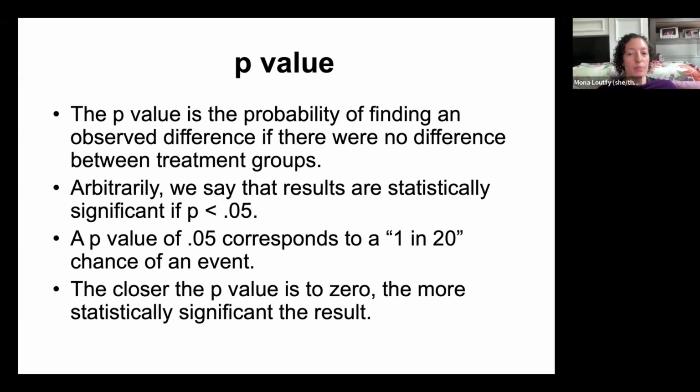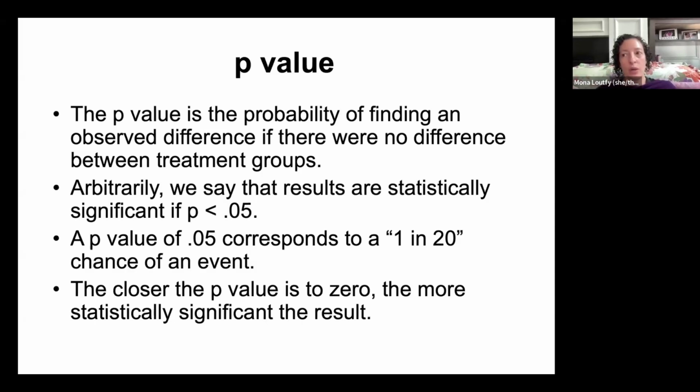But there is a 1 in 20 chance of a difference not actually being true. The closer the p-value is to 0, the more statistically significant a result is.